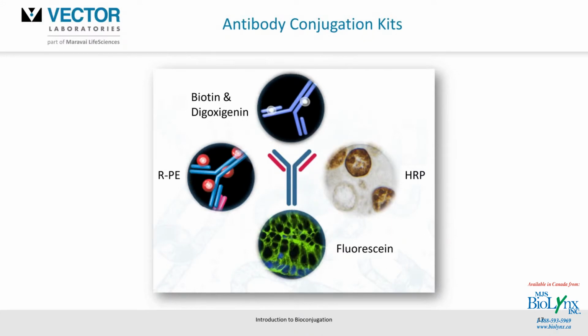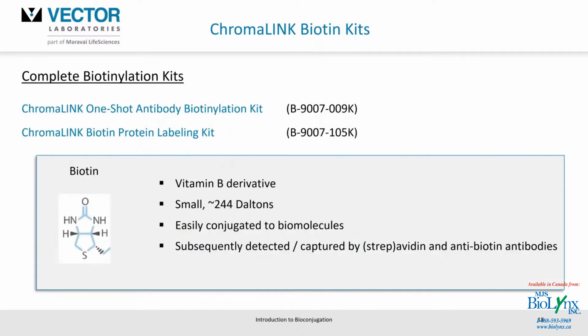A great segue into exploring the really exciting field of bioconjugation. So there is a Biotin kit, a digoxigenin kit. We've got a phycoerythrin kit, a fluorescein labeling kit, and perhaps not surprisingly, a peroxidase conjugation kit as well. So very quickly, we have two biotinylation kits.